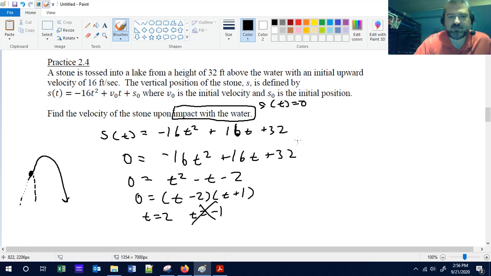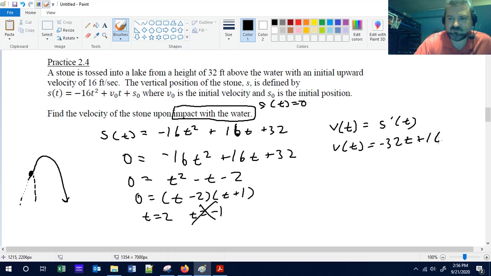We're saying t equals 2. Well, we want to find the velocity. Well, the velocity is the rate of change in position. So we can call it S prime or just V of t, but whatever it is, it's the derivative of S. So V of t must be equal to negative 32t plus 16. So that's the acceleration due to gravity, right?